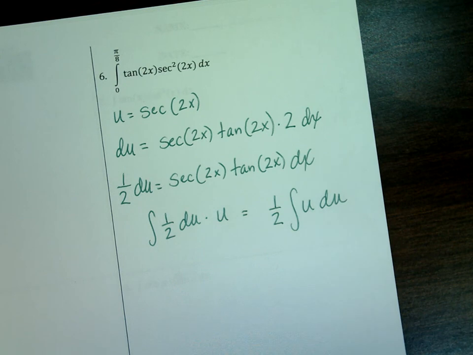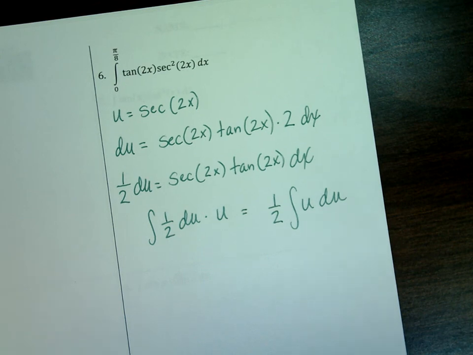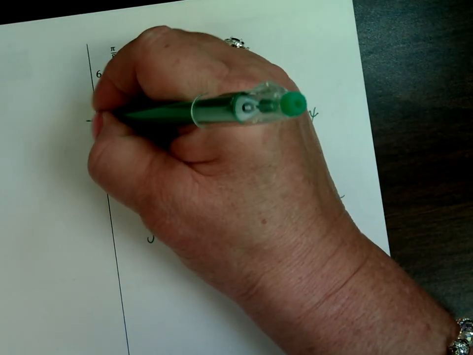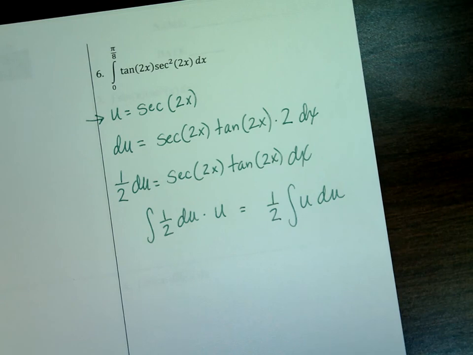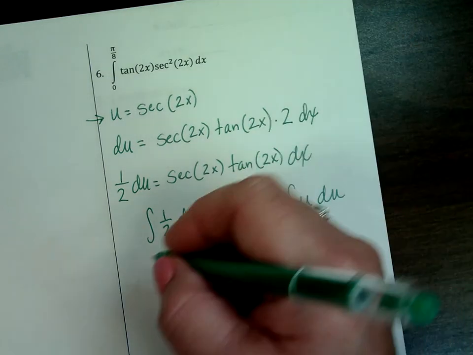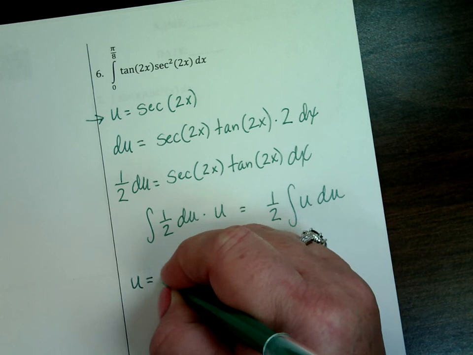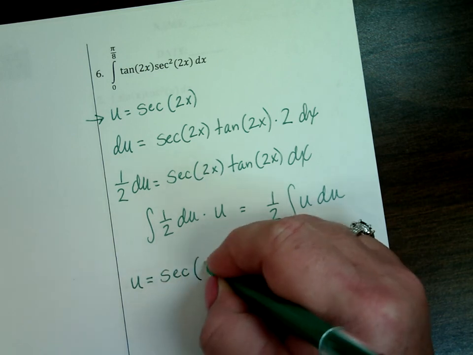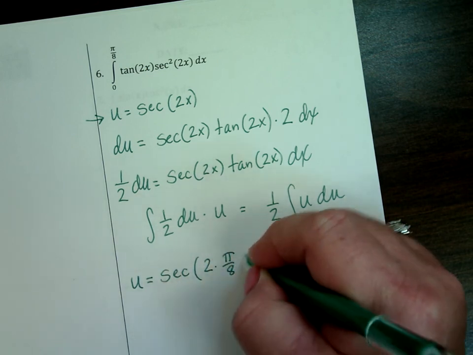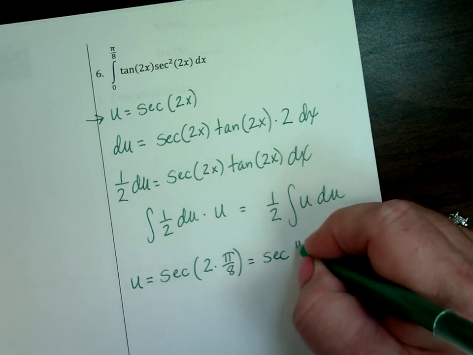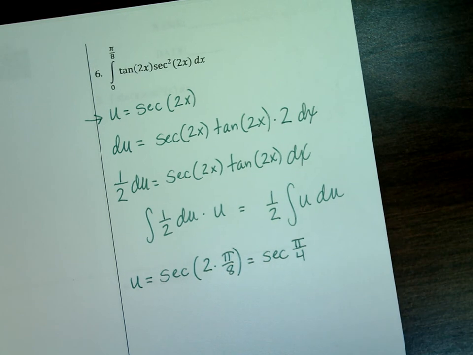And so then I want to figure out my new bounds, right? So my upper bound is pi over 8. My new bound is going to be u equals the secant of 2 times pi over 8. Well, that would be the same thing as the secant of pi over 4. Ugh.